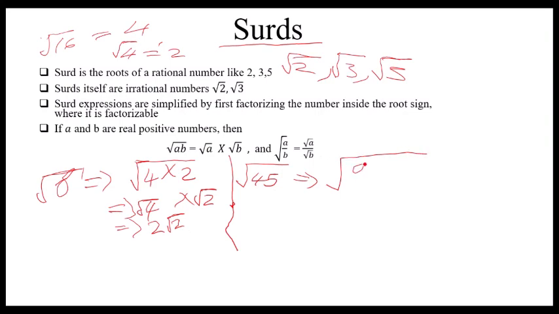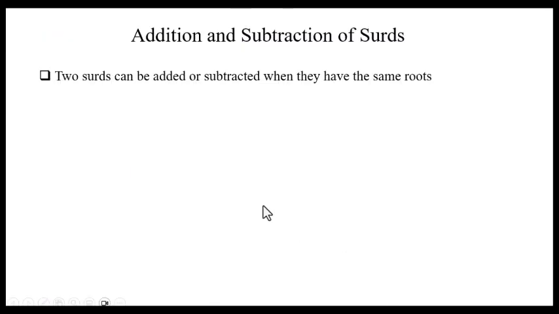So this is 9 times 5. This is the same thing as square root of 9 times square root of 5. What's square root of 9? 3. Square root of 5 is simply root 5. So this is the same thing as 3 root 5.